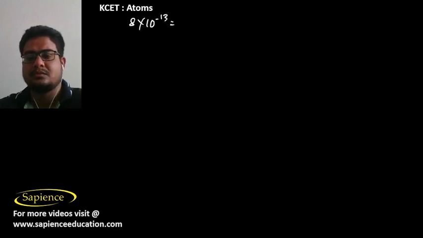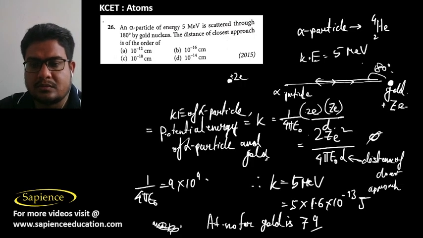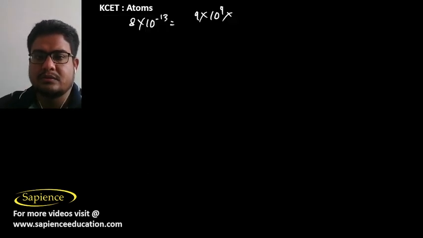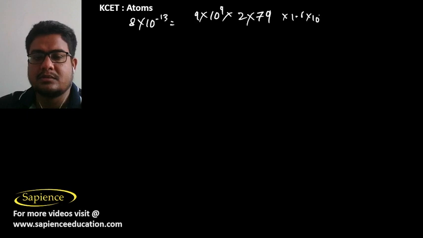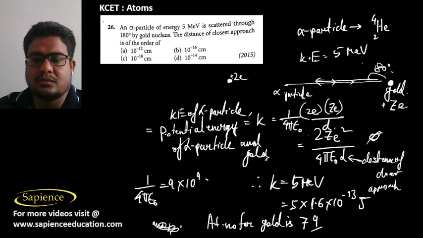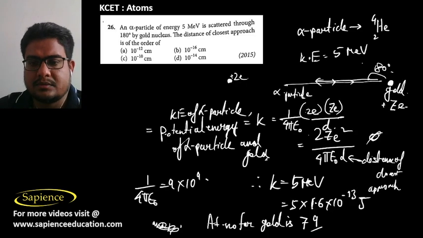Therefore, the kinetic energy is 8 into 10 power minus 13, which equals 9 into 10 power 9 into 2 into 79 into e square, where e is the charge of the electron, 1.6 into 10 power minus 19, whole square, divided by d.